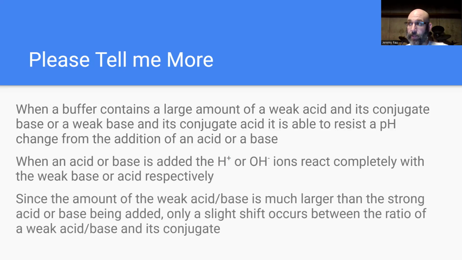Even though some of the acid would be neutralized by the addition of hydroxide ions, or some of the base could be neutralized by the addition of H plus ions, the ratio of those two substances stays basically the same. Our pH doesn't change by much.